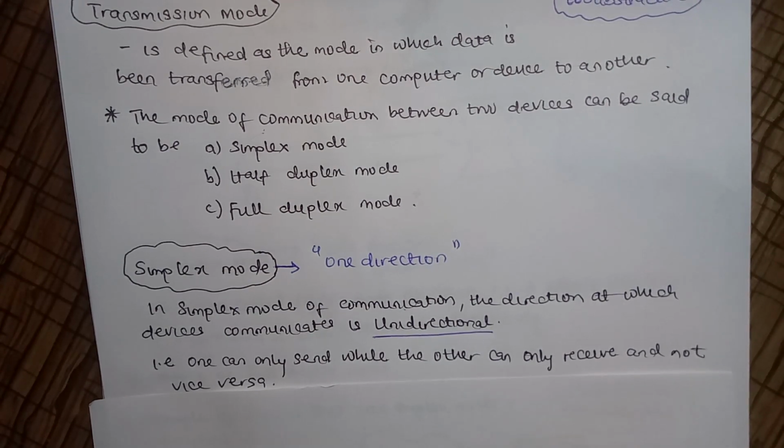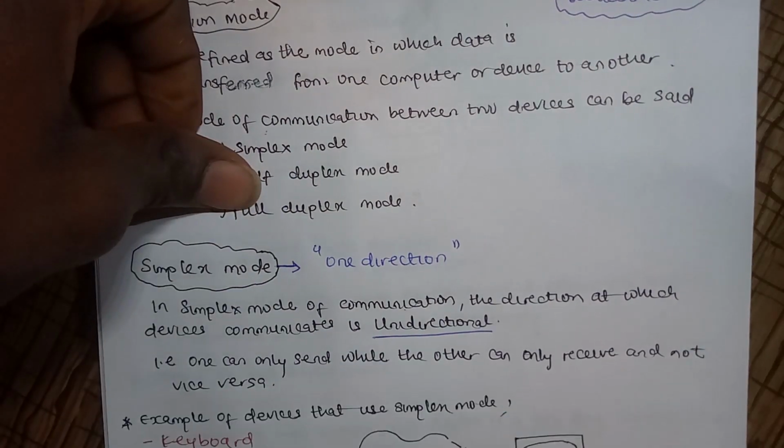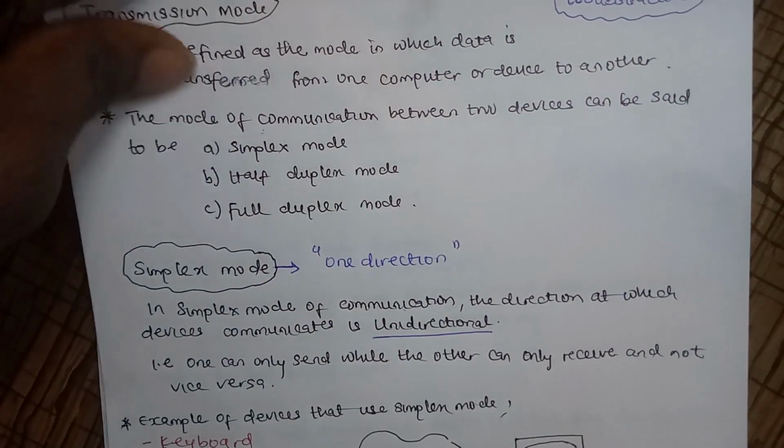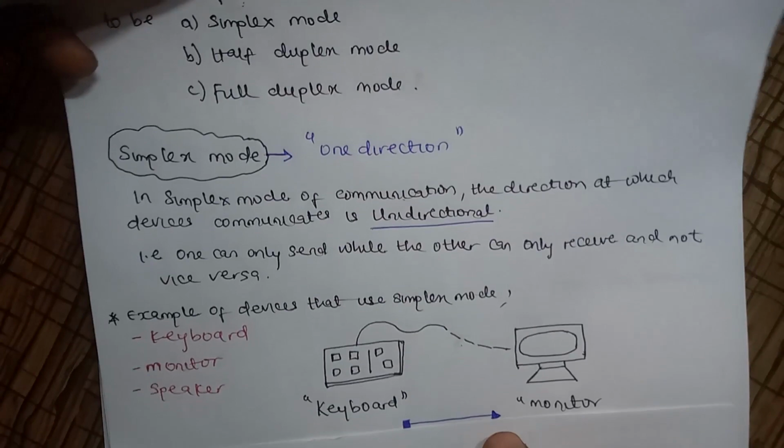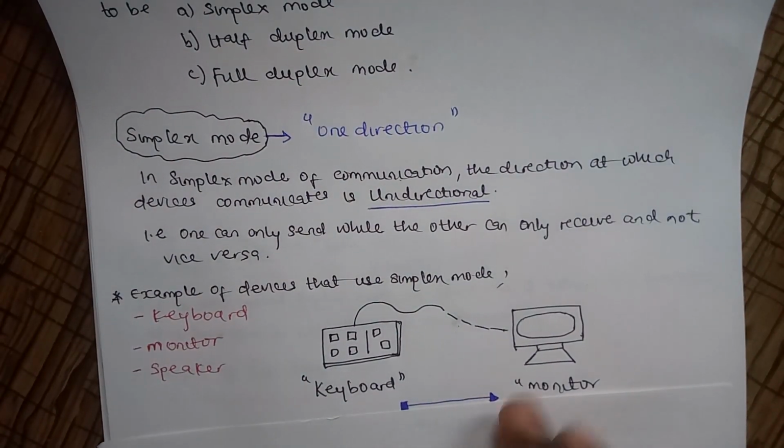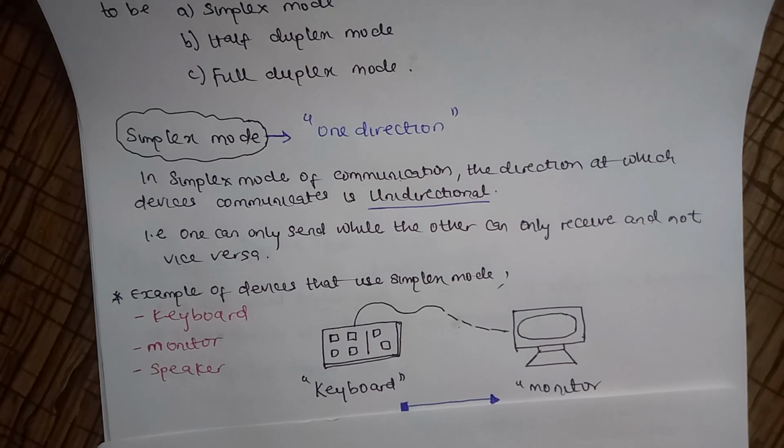An example of this would be a keyboard. A keyboard can only send information to the monitor by typing in some words, numbers, and keywords, but it can't receive any information. Likewise, the monitor can only display whatever input we give it, but cannot send any information back to the keyboard or other devices.